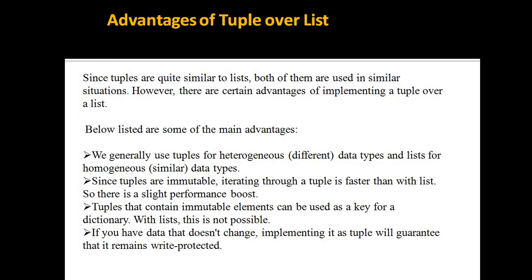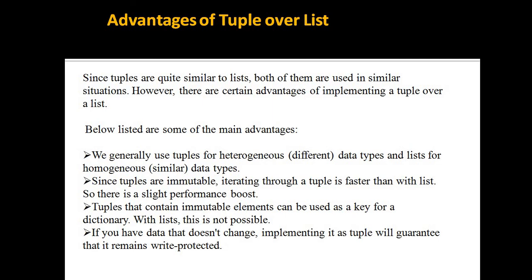Next, some advantages of tuple over list. Since tuples are quite similar to lists, both of them are used in similar situations. Here are some of the advantages. We generally use tuples for heterogeneous data types, meaning different data types, and lists for homogeneous data types, meaning similar types of data. Tuples are immutable.